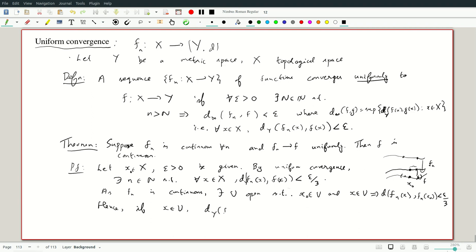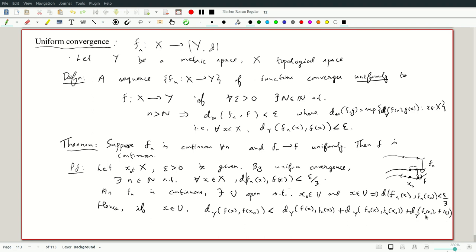the distance in Y between f(x) and f(x0) is less than three terms, all distances being in Y: the distance between f(x) and f_n(x), plus the distance between f_n(x) and f_n(x0), plus, using the triangle inequality, the third term which brings us back, f_n(x0) and f(x0).